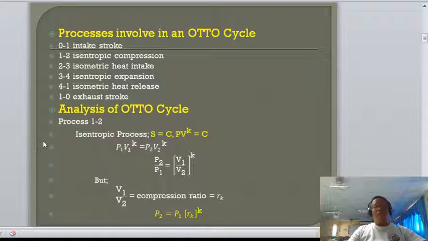This is called the compression ratio, designated as r sub k. Substituting this r sub k into the above equation, we can easily determine the absolute pressure at the end of compression as a function of P sub 1, the absolute pressure at the suction condition, multiplied by the compression ratio raised to K, where K is of course the isentropic constant.